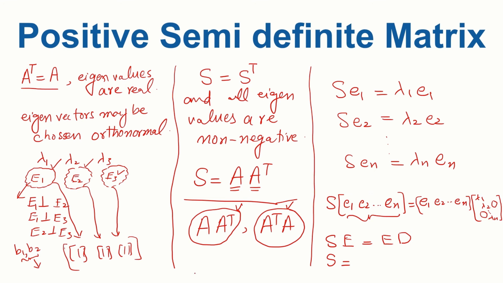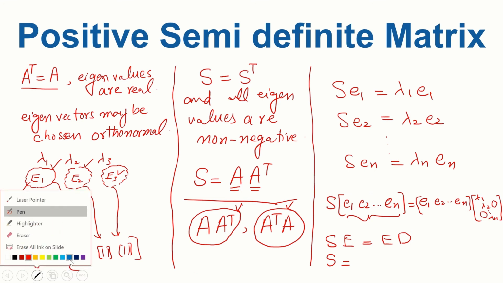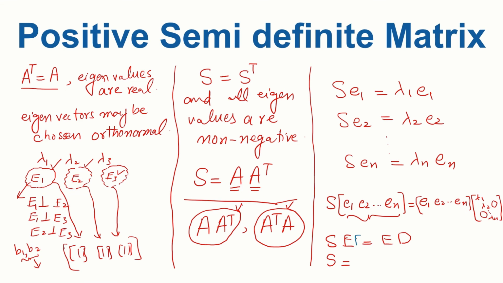So if we multiply E transpose on the right-hand side, because all the columns are orthonormal, this E transpose acts as the inverse of E, and this just cancels out, and you get S equals E D E transpose, which you can call the eigen decomposition of S, or the orthogonal diagonalization of S. There are so many names for this.